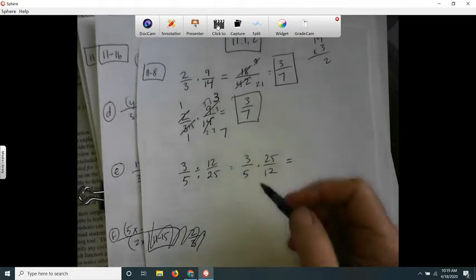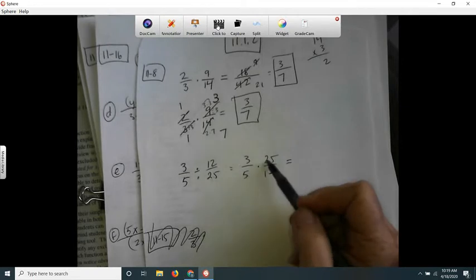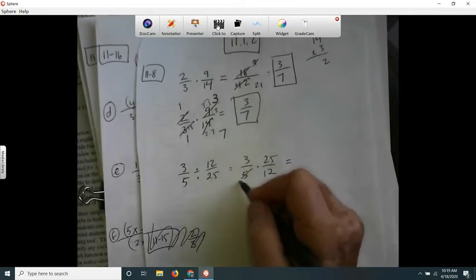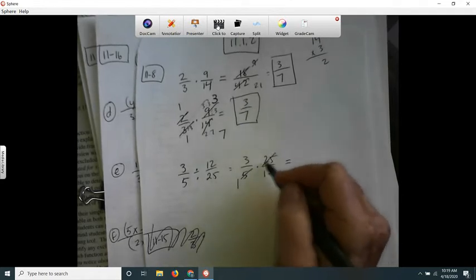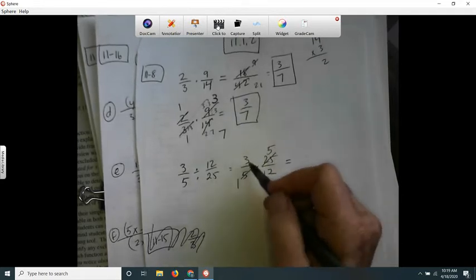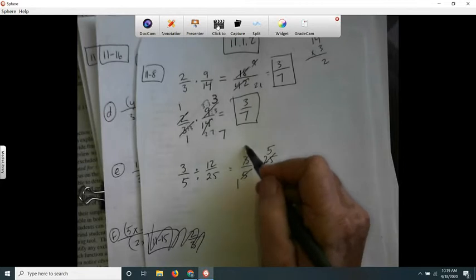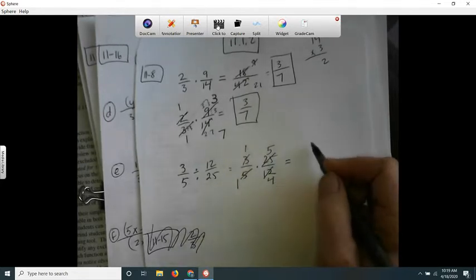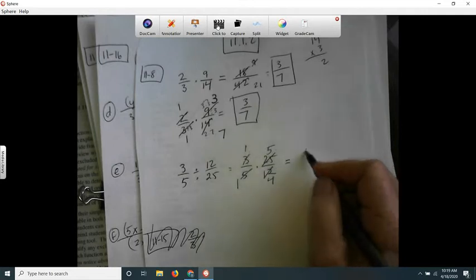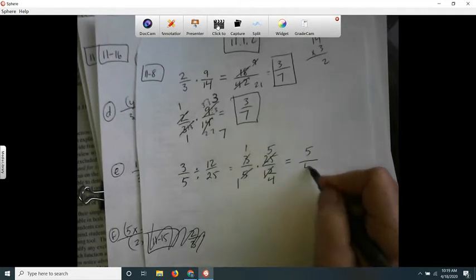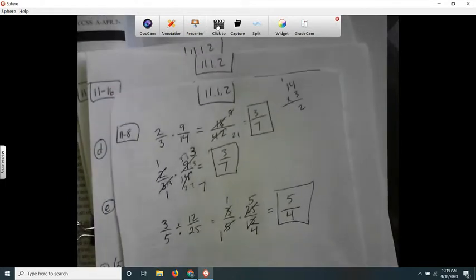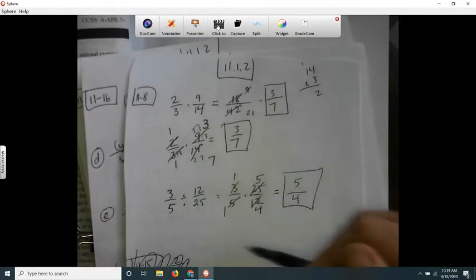In other words, I can divide both of these by 5. 5 goes into 5 once. 5 goes into 25 5 times. 3 goes into itself once. 3 goes into 12 4 times. And then I get 1 times 5 is 5, and 1 times 4 is 4. So I hope that you are already comfortable with that. If not, I hope some of this made sense.